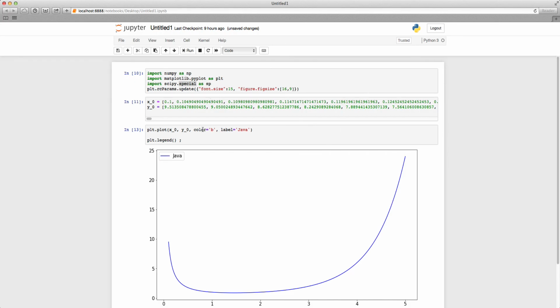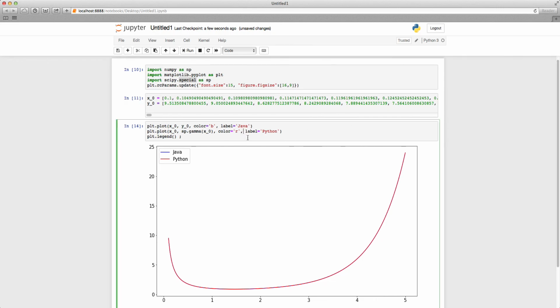So this is our Java, and we want to calculate from SciPy and do a comparison. So let's take x0, scipy.special, and we want to calculate the gamma function. And this gamma function iterates over arrays, so I can pass in a list, color red, and let's call this Python.